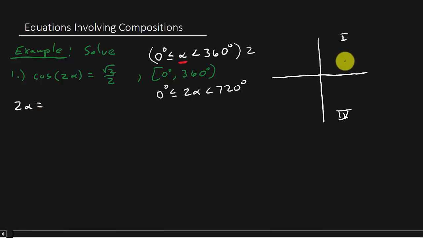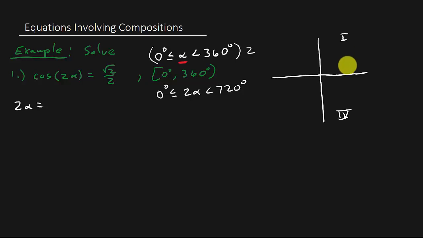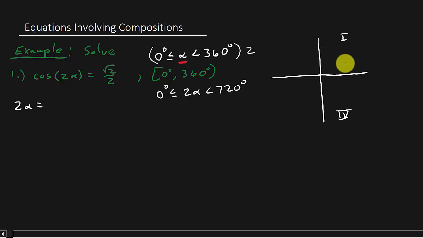Now, I've got to find my reference angle. And remember, your reference angle is an angle measure between 0 and 90 degrees. It's in the first quadrant. Well, you can see one of our solutions is in the first quadrant. So that means the reference angle is one of my solutions. You see that?